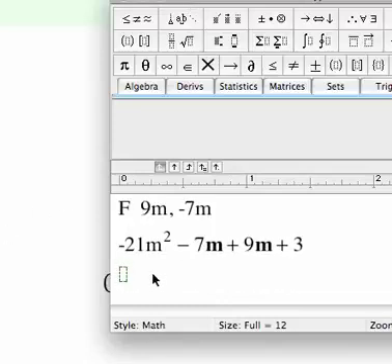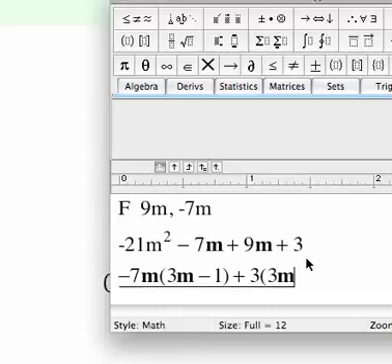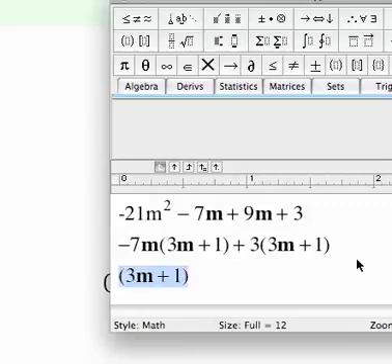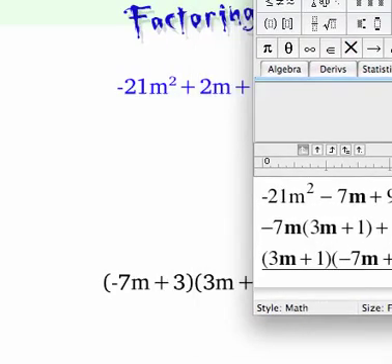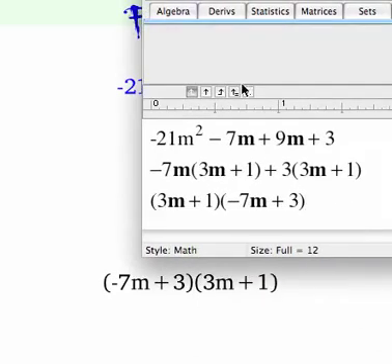What's common with the first two is -7m, and we're left with 3m plus 1. And what's common here is plus 3, and we're left with 3m plus 1. So the 3m plus 1 is common. We factor it out, and I'm left with -7m plus 3. Notice that's the same answer we have here. It's just that I've reversed it.